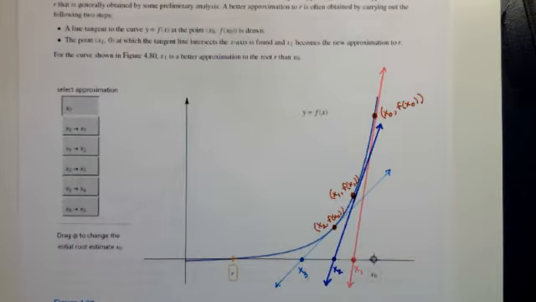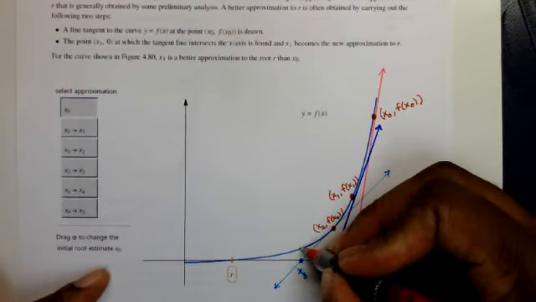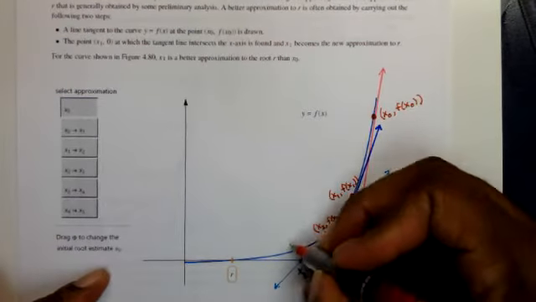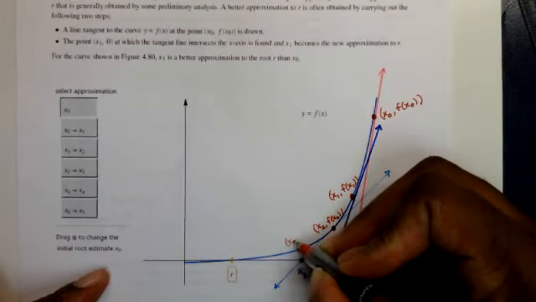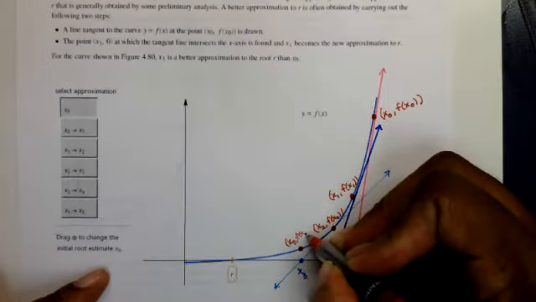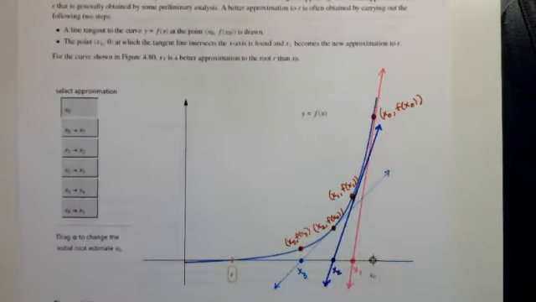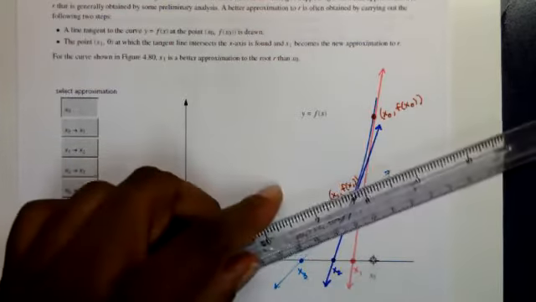Now at x3, the point right here, the ordered pair is x3, f of x3. I'm going to draw another tangent line at that point.